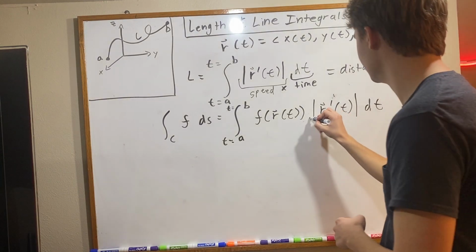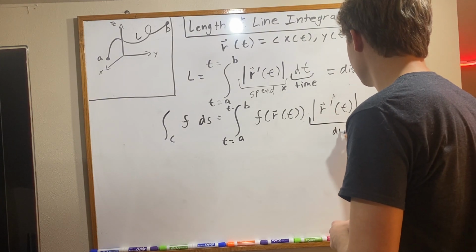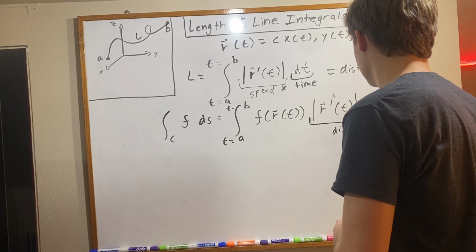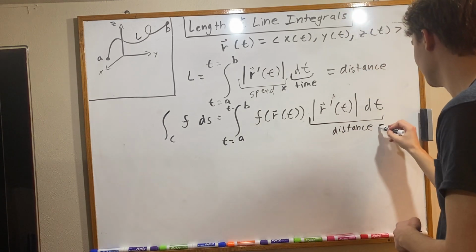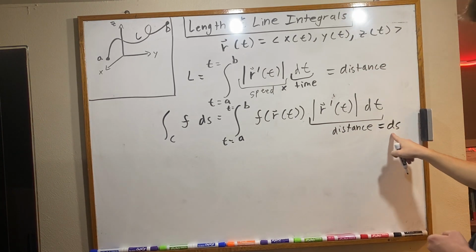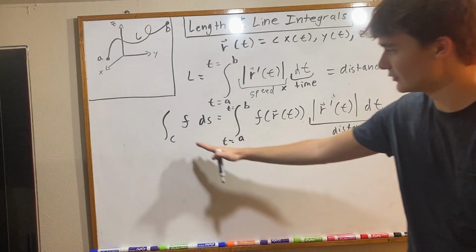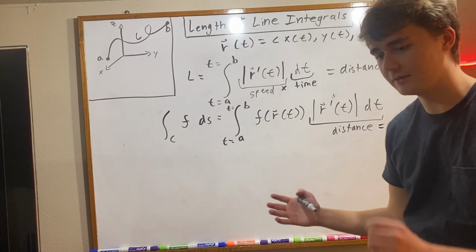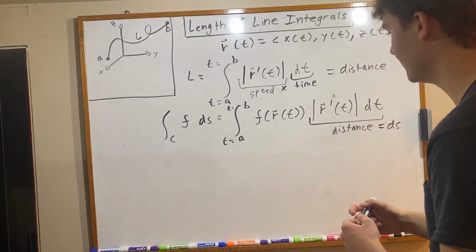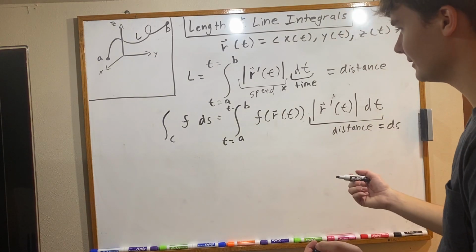As we said, this is distance, and that's the ds, the same ds from here. We're just multiplying the function at every point by the distance. So that's how you do that.